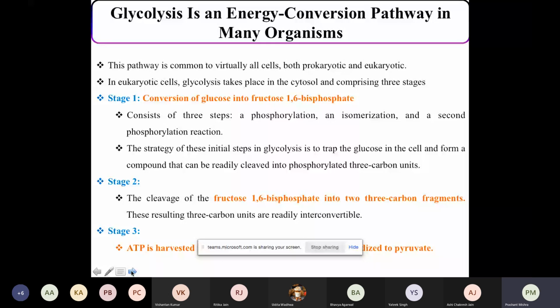Now stage 2 is just interconversion, and stage 3 is ATP harvesting. There are 2 steps where ATP is being generated. Stage 2 is converting the 6-carbon molecule into two 3-carbon fragments. So in stage 1, 2 ATP are consumed, and in stage 3, 2 ATP are being produced, but at the end, what will happen? Can you tell me?